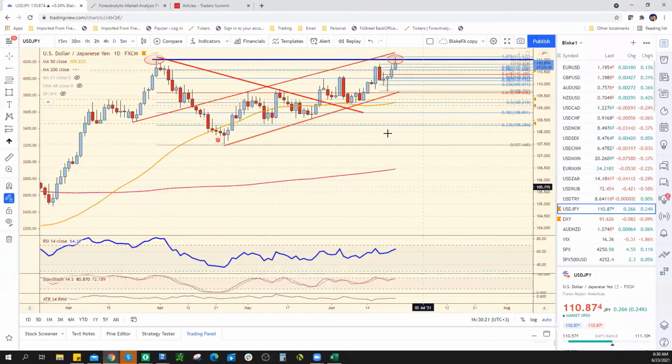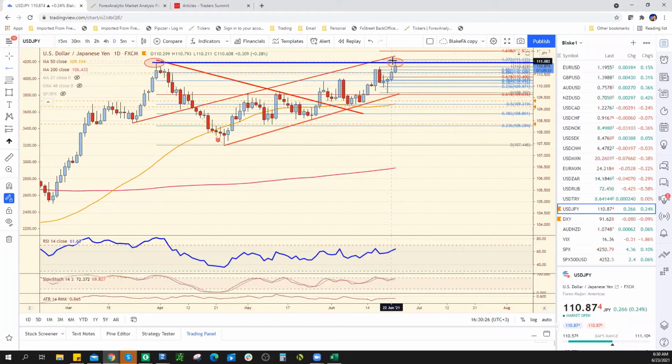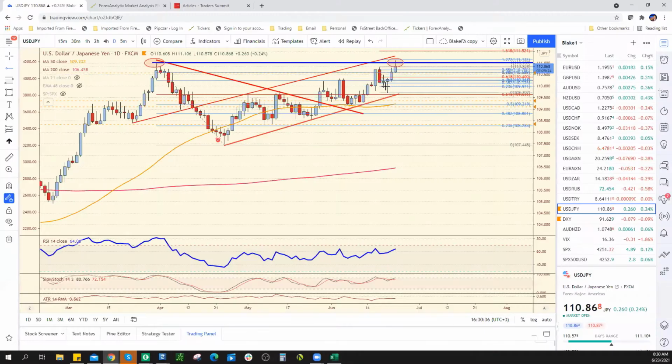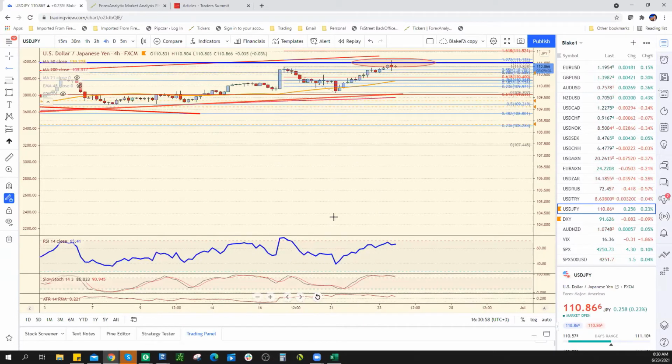Dollar yen, big rejection up here. 111.13 is the 127% extension. We could extend to 111.25. I'm not sold on the idea that we're breaking higher. I'm just not. I mean, we can obviously break higher, I'm just not sold on that idea just yet. But where's support?